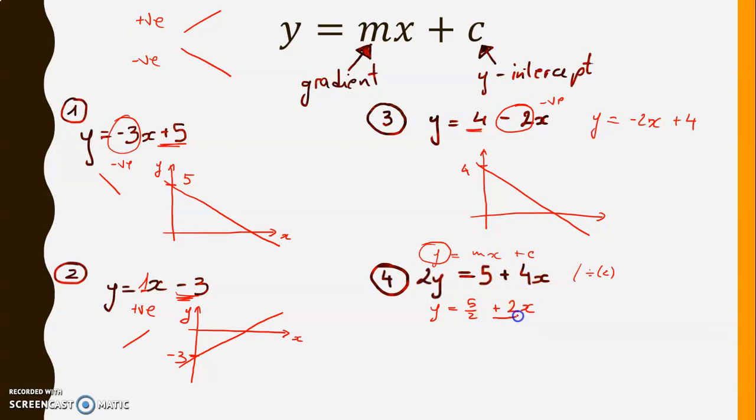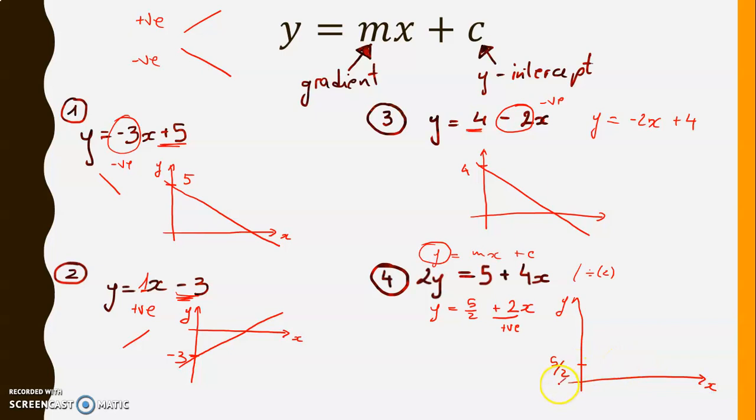Now, 2 is the gradient, which is positive, and then 5 over 2 is a positive number as well. It's the y-intercept. So we know that the graph will cross the y-axis at 5 over 2. That's your x.